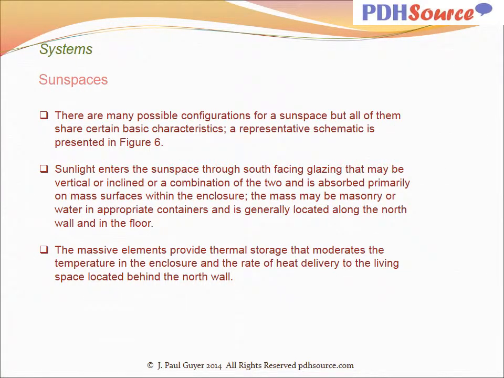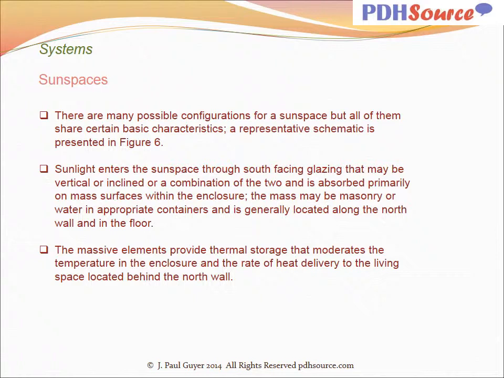The next type of system is a sun space. There are many possible configurations for a sun space, but all of them share certain basic characteristics. A representative schematic is given in Figure 6. Sunlight enters the sun space through south-facing glazing that may be vertical or inclined or a combination of the two, and is absorbed primarily on mass surfaces within the enclosure.